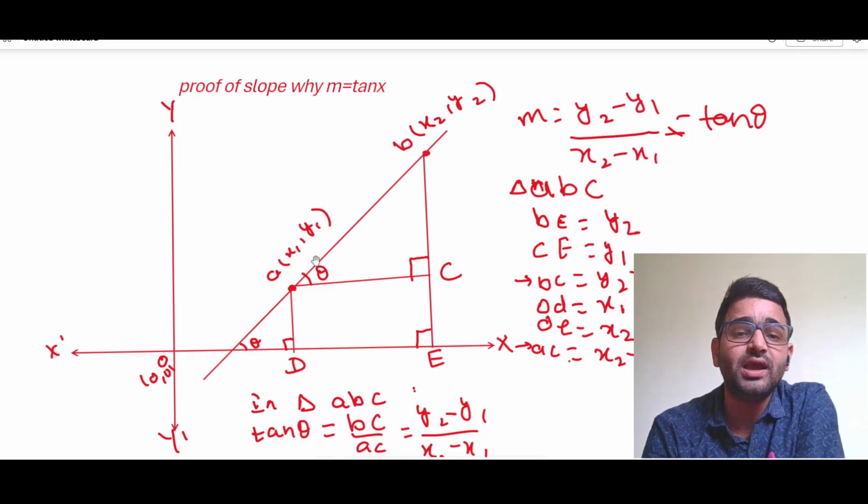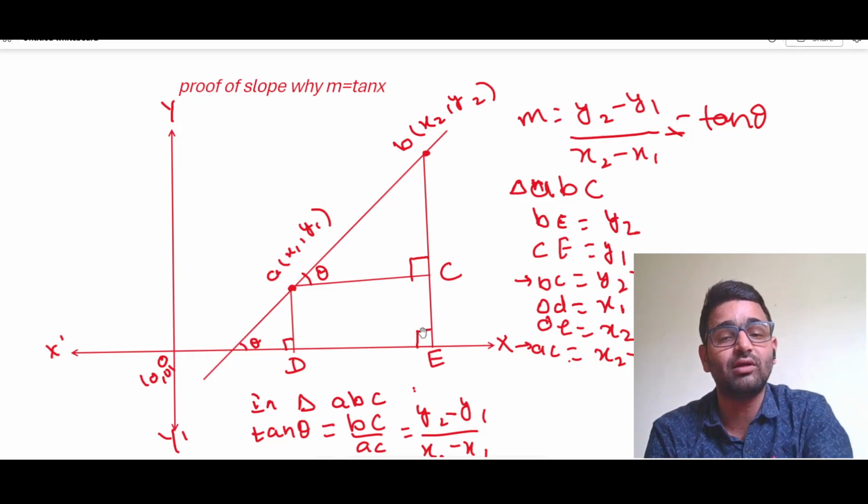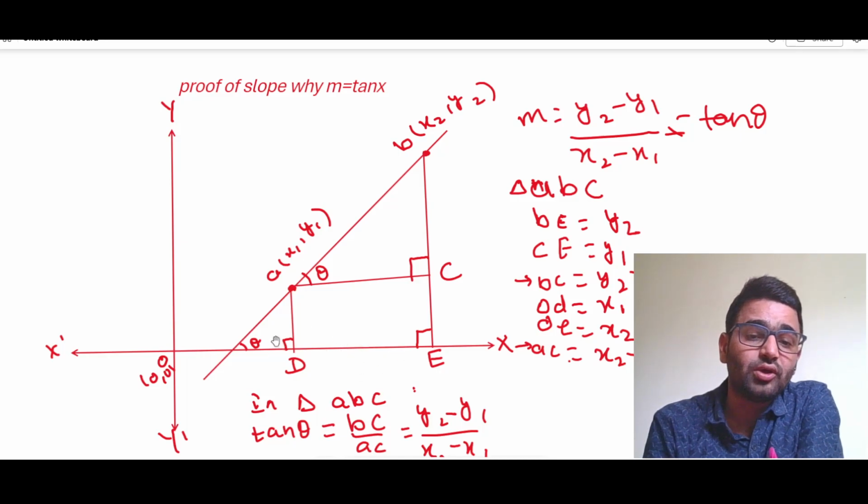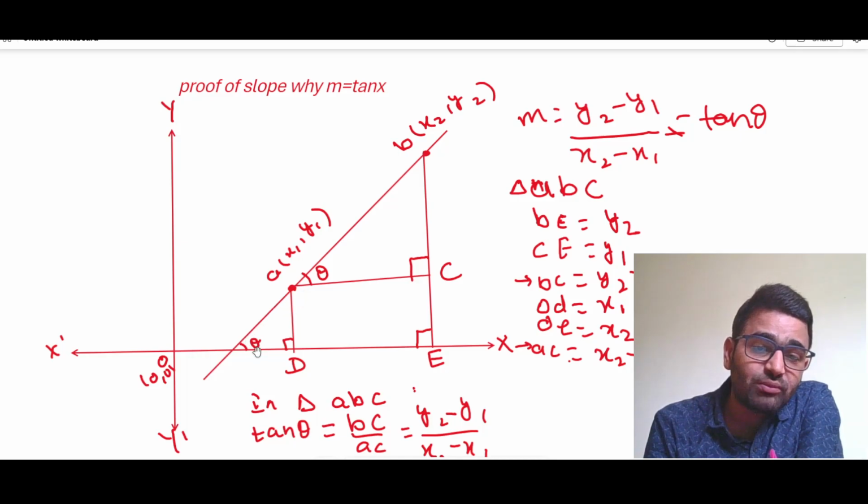So we have to find the theta angle, because slope is the theta angle of the line with the positive direction of the x-axis. I have also mentioned it in the video. So look, we have to find this theta.